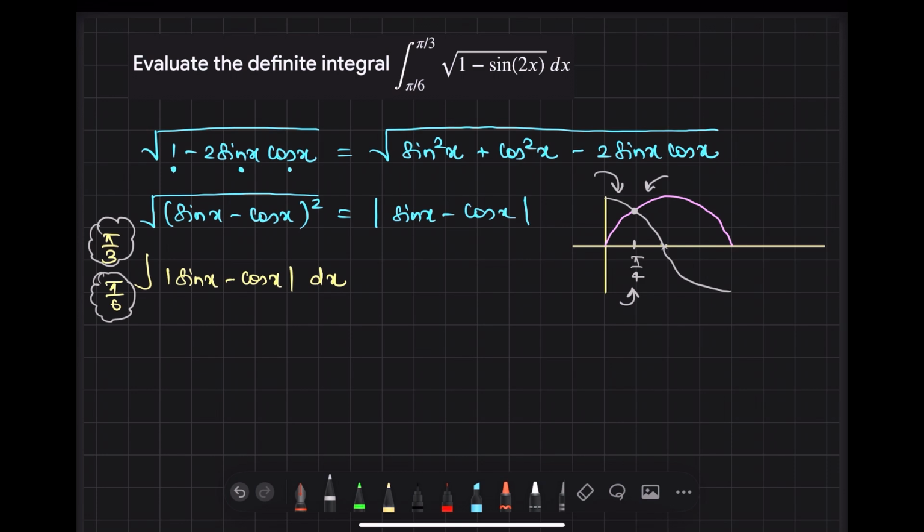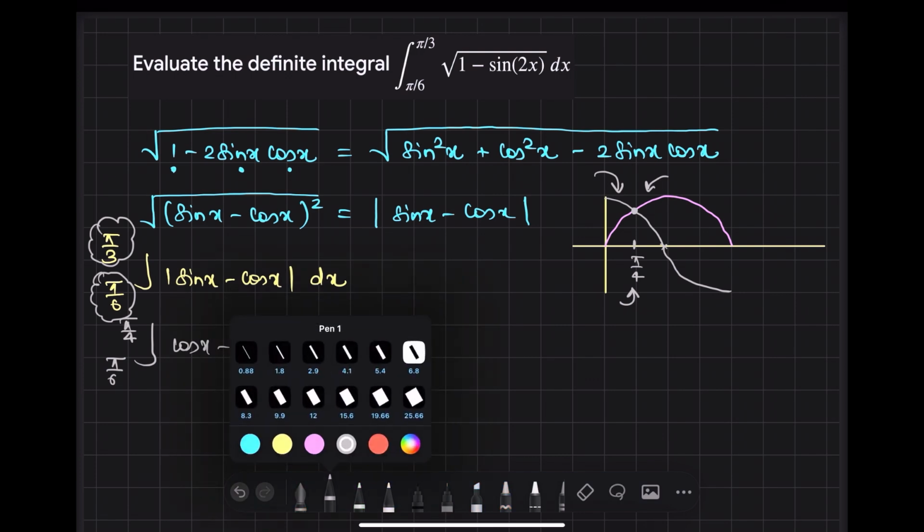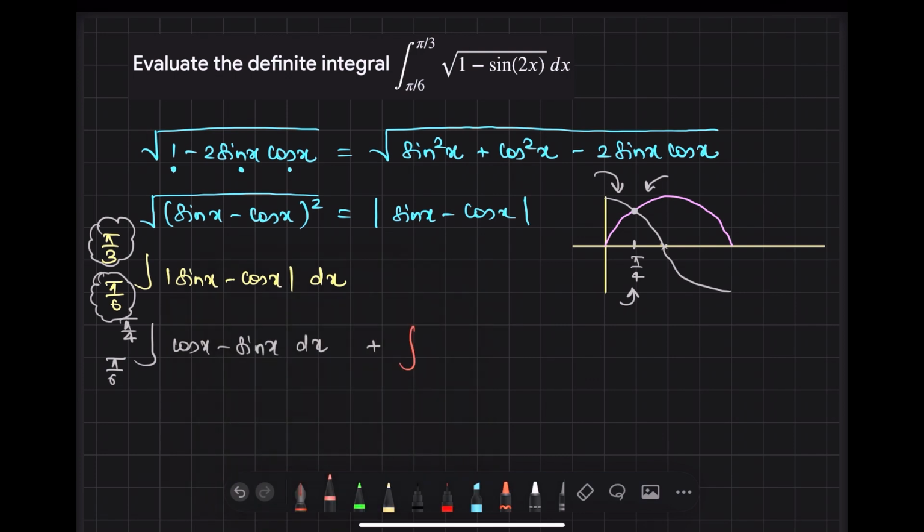So can I write down this question as from pi by 6 to pi by 4 cos is bigger, so cos x minus sin x dx plus, in the next part you will be writing from pi by 4 to pi by 3. The sine function is bigger, so sin x minus cos x dx.